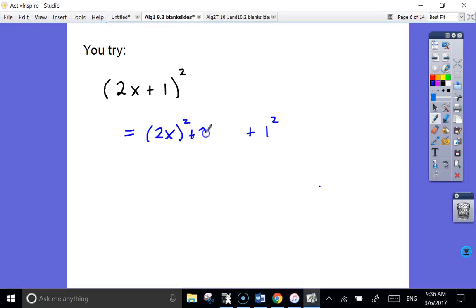It's 2 times the inner product, 2x times 1. The formula's got a 2 in it, and then the 2x and the 1. So the first term squared plus the last term squared plus 2 times 2x times 1.